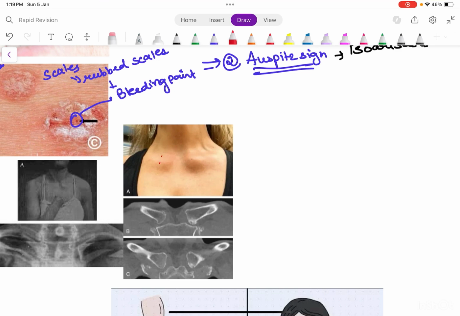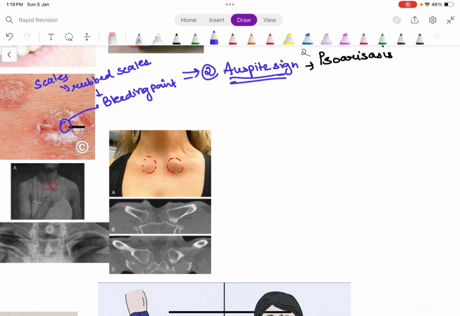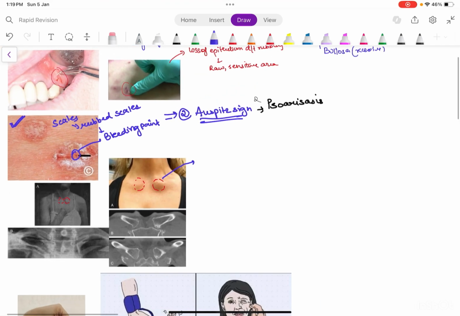Now let's talk about the next photograph. In this photograph, you can particularly see the thickening of the sternal head of the clavicle bone. It is the irregular thickening of the sternoclavicular portion of the clavicle.